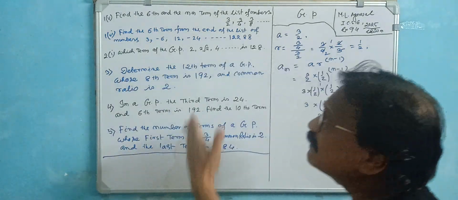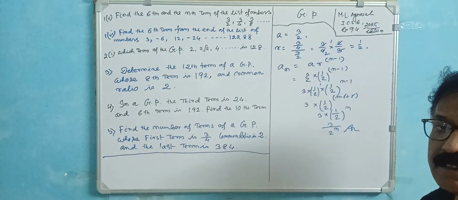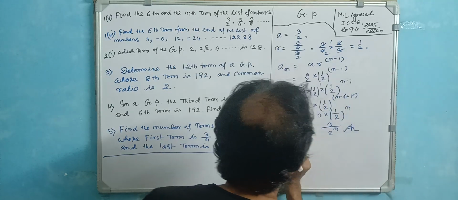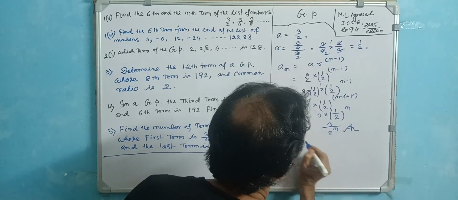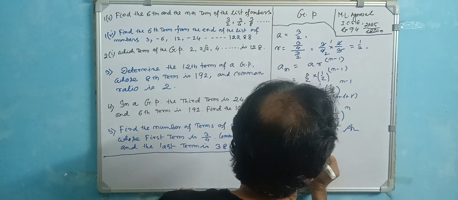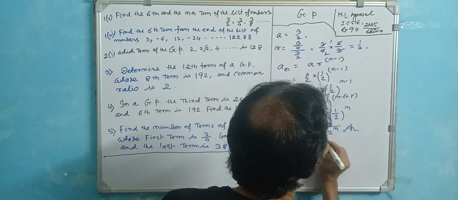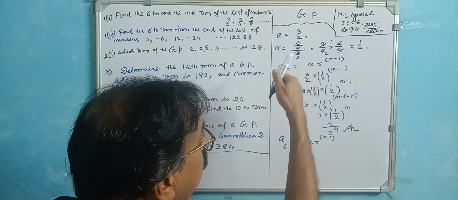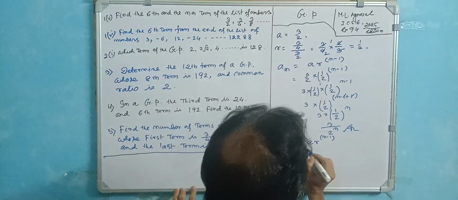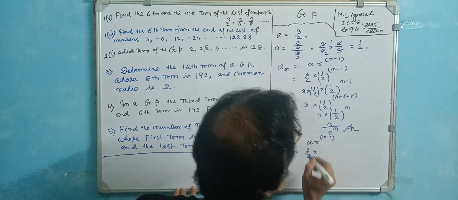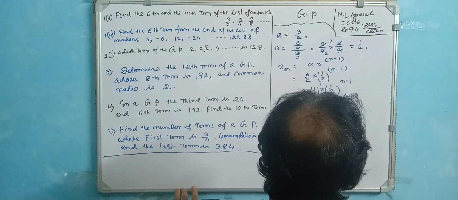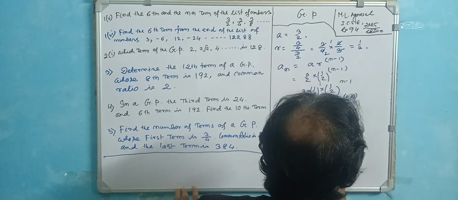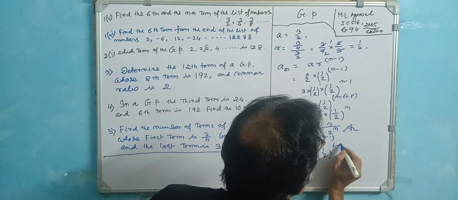Here this is the sixth term. If it is the 8th term, 9th term or 10th term, you just put that number. The formula is A R to the power n minus 1. The value of A is 3 by 2, R is half, and n minus 1 means 6 minus 1.